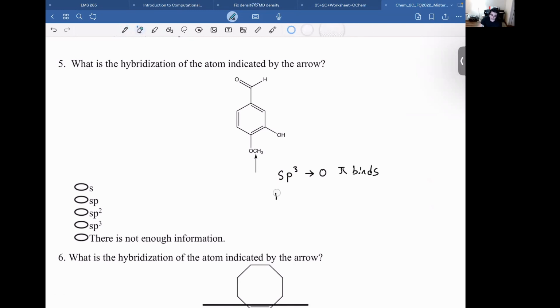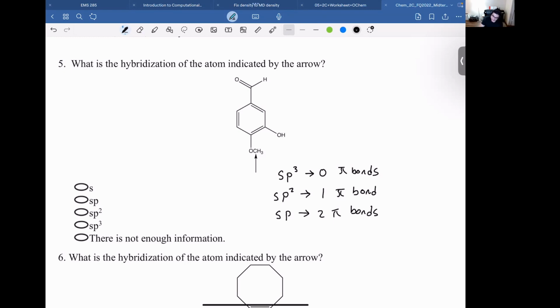If it's sp2 hybridized, the atom has 1 pi bond. If it's sp hybridized, it has 2 pi bonds. I don't know of anything sp hybridized with 3 pi bonds, so you don't have to worry about that. But this is an easy way to do it.